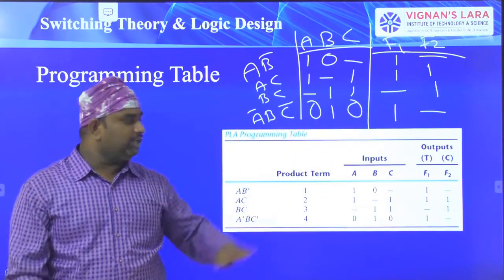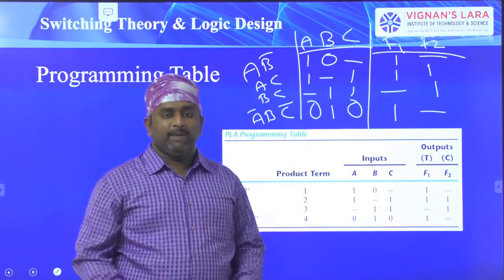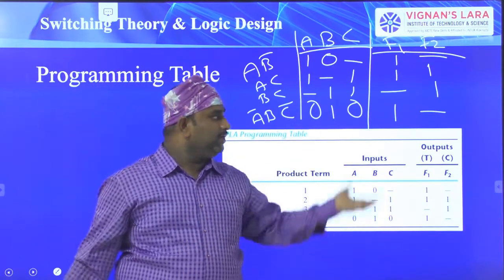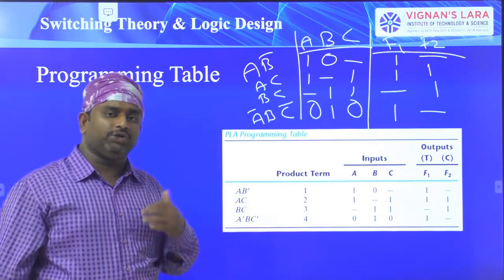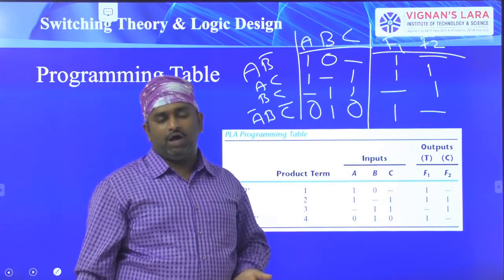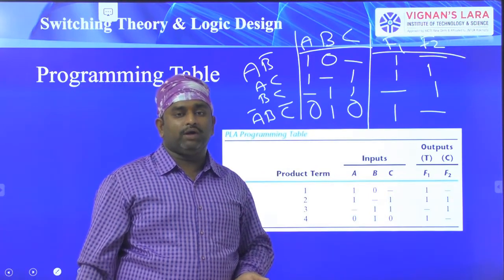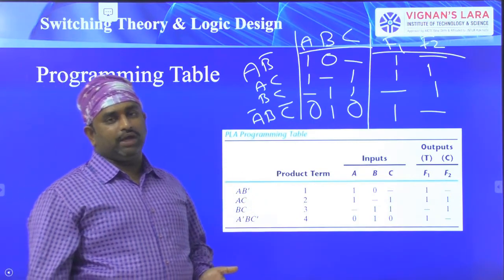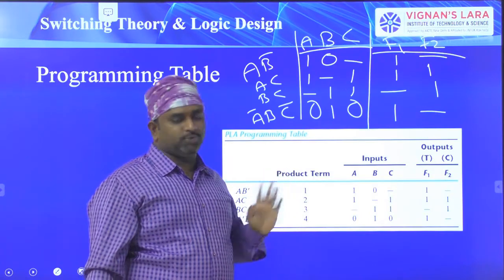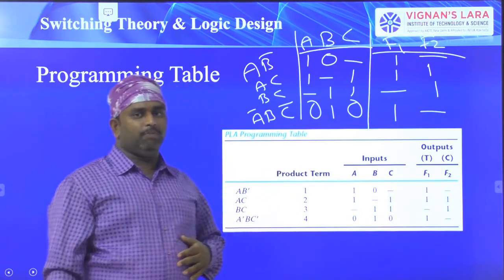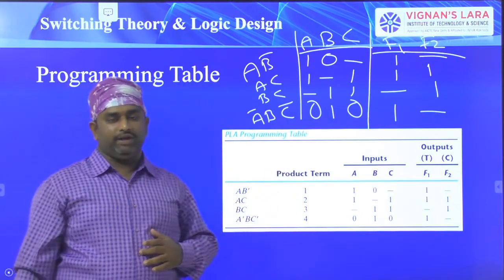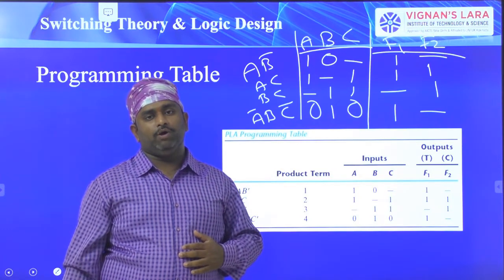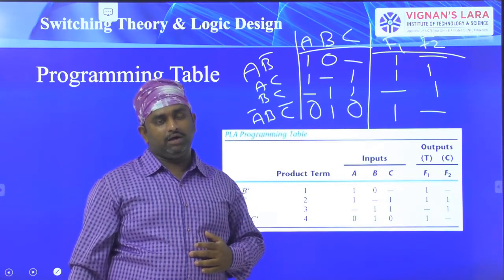For a small function there is no necessity of this programming table, but when you are implementing a bigger function, this programming table gives a lot of help for implementing the hardware. For that reason the programming table is very important. Don't forget it; it is essential for implementing programmable logic array devices.